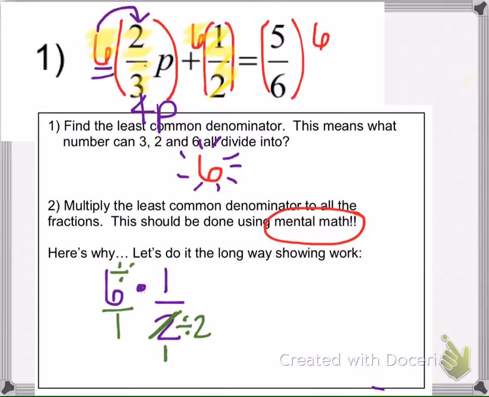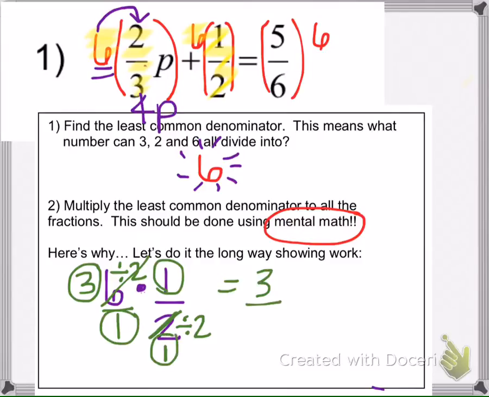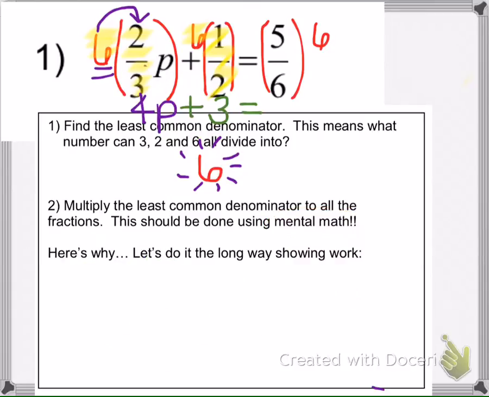And then 2 goes into 6 3 times. Then you multiply straight across. 3 times 1 is 3. And then these change to 1, so you just get 3. So we're going to have plus 3. Notice the fractions are clearing away from the equation. Okay, so now we have 5/6 right here times 6.